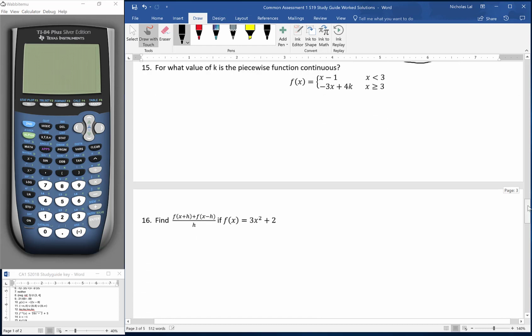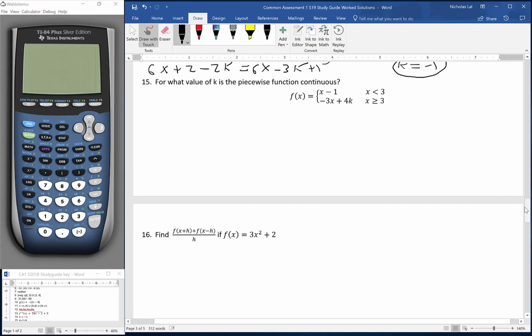For what value of k is the piecewise function continuous? All right, so in order for piecewise functions to be continuous, they need to have the same y value at the interval where the x values meet.